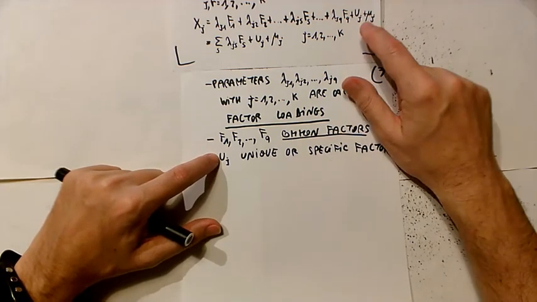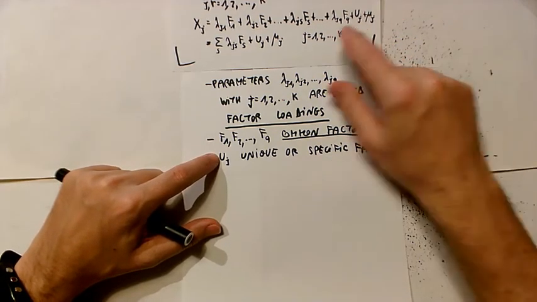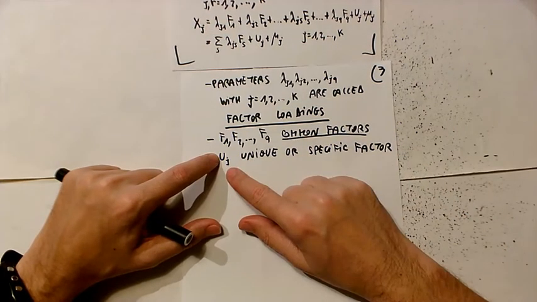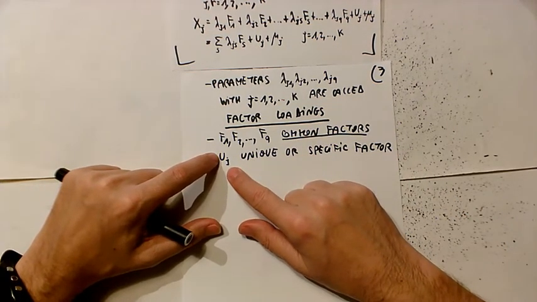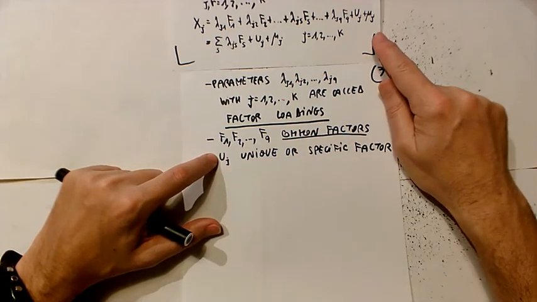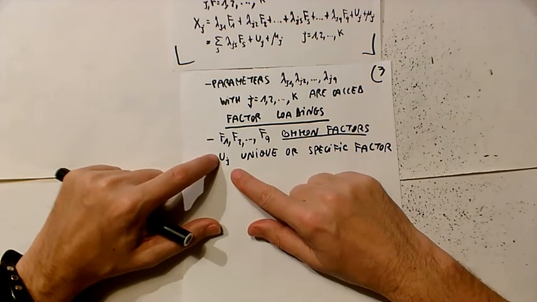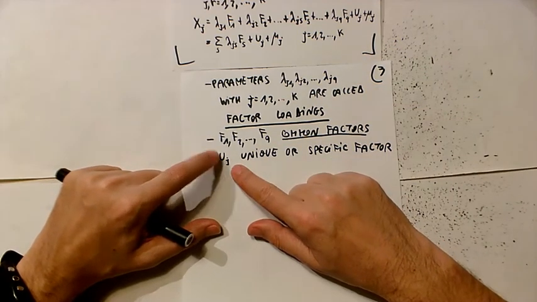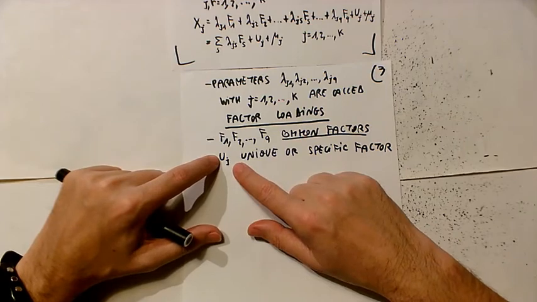Instead, uj is present only in the equation for xj. So each of these variables that represent the errors in the equations is unique, one for each response variable.